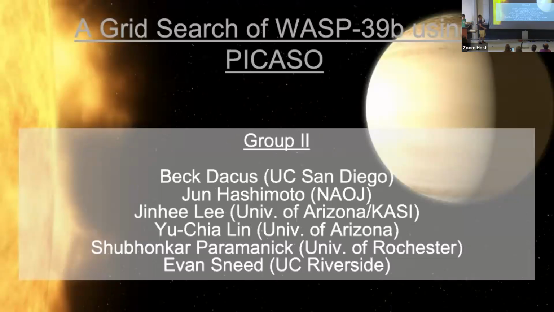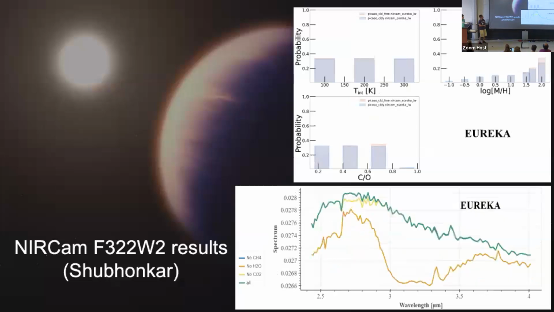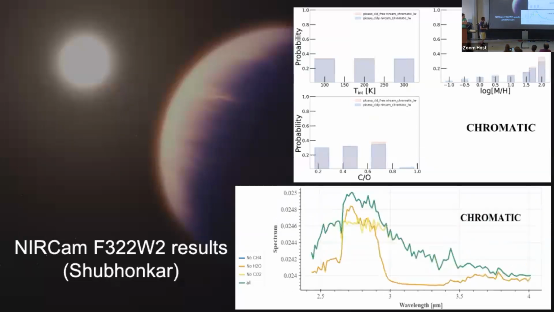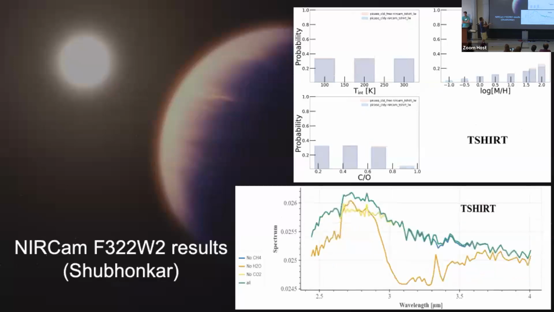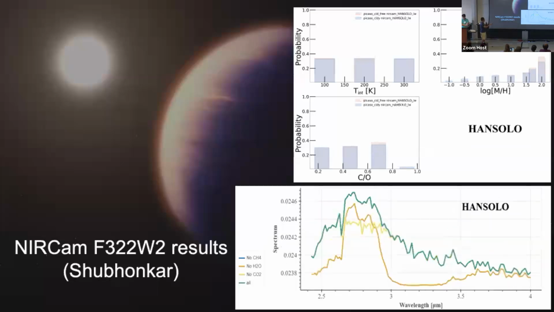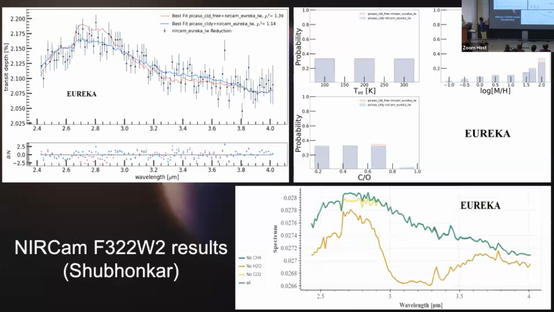We performed the model fitting for the different instruments within JWST. The first instrument is the NIRCam instrument, reduced with different software: Tshirts, Eureka, and Hans Solo, and different data sets result in different results. The left plot shows the best fit SED of the model fitting.